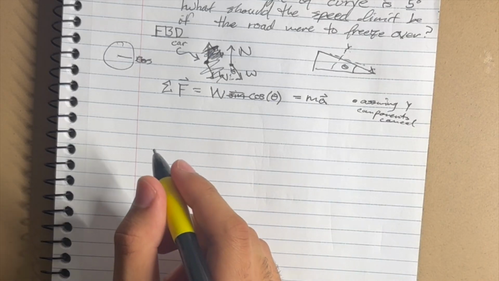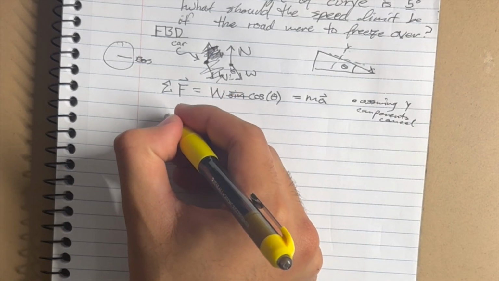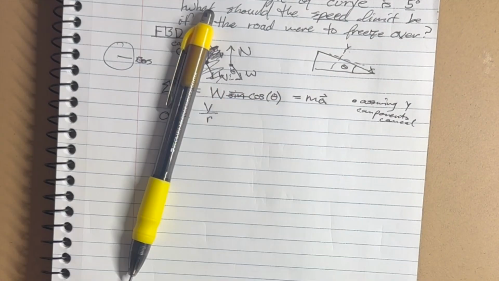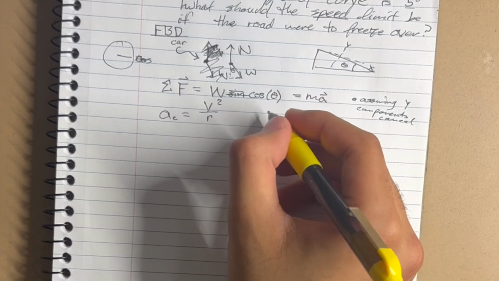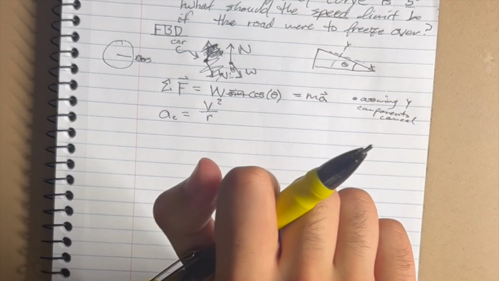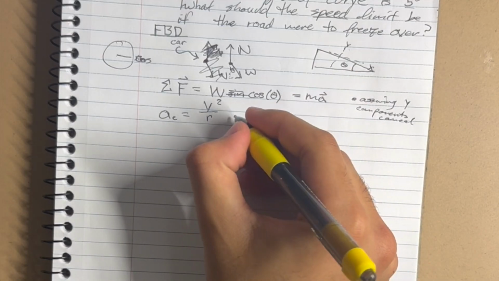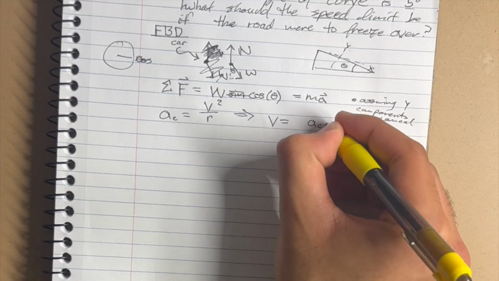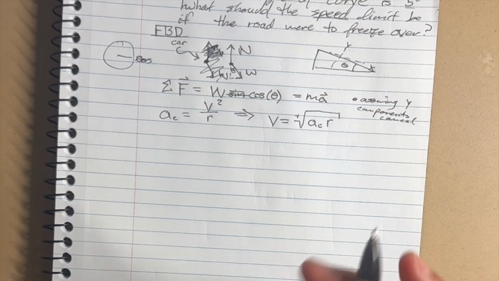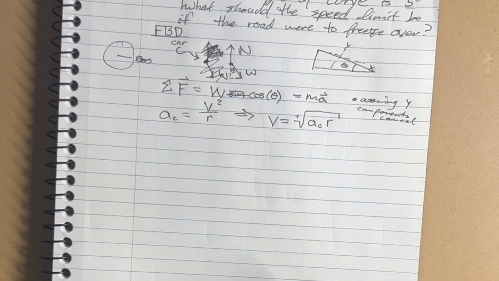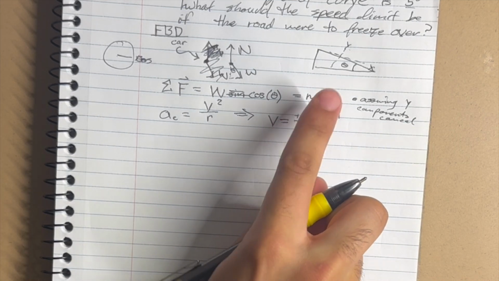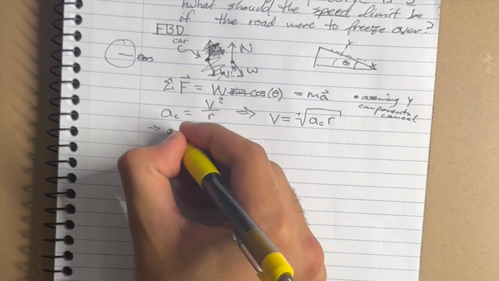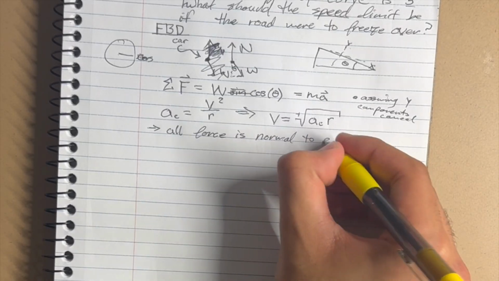So we're going to say that our centripetal acceleration is equal to velocity squared over radius. We want to find the speed limit, so we're going to rearrange for velocity. Force over mass is equal to acceleration, and all force is normal to the car's velocity and therefore centripetal.